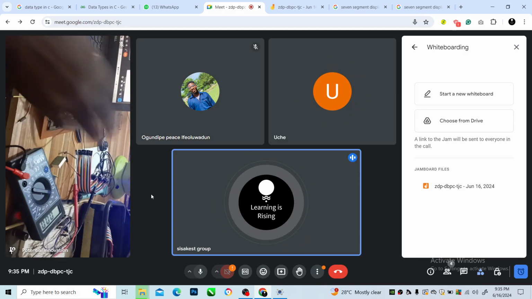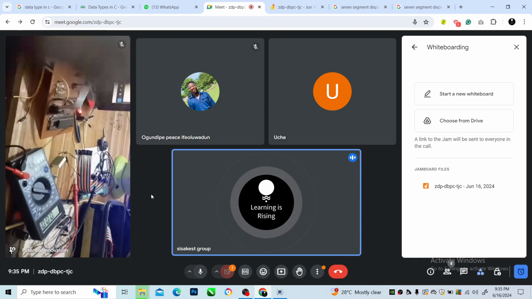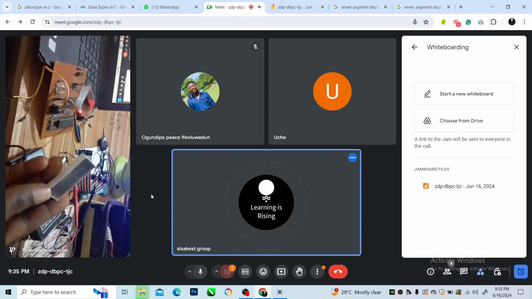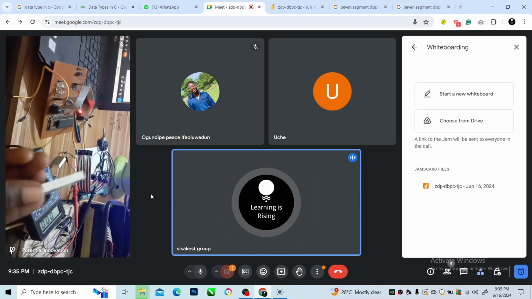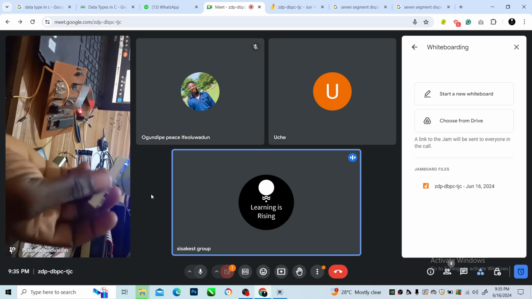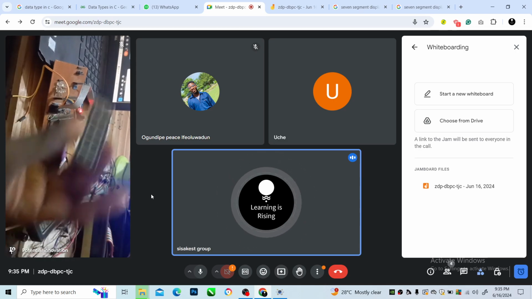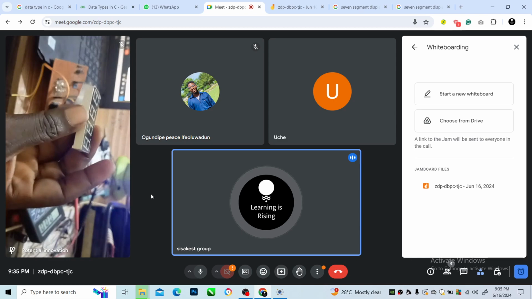I'm not programming any microcontroller now. I just want to know where I will connect A. It was easier on Proteus, because A, B, C, you just connect it like that. But in a physical sense, nothing was written on it to tell you where A is, where B is.